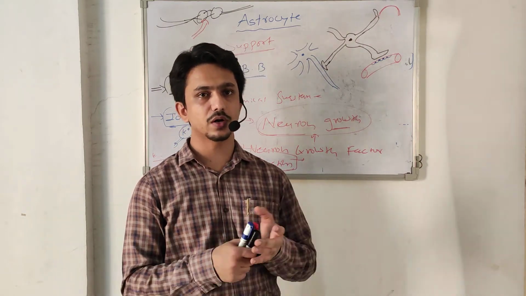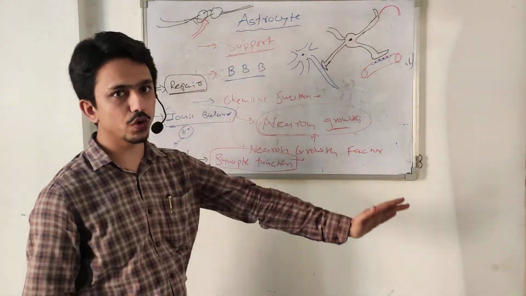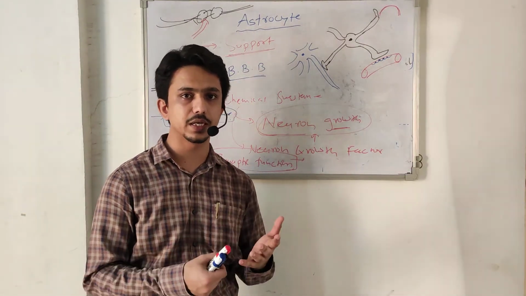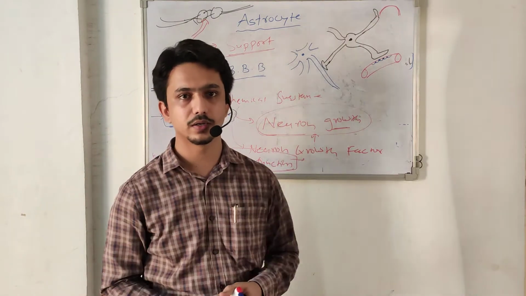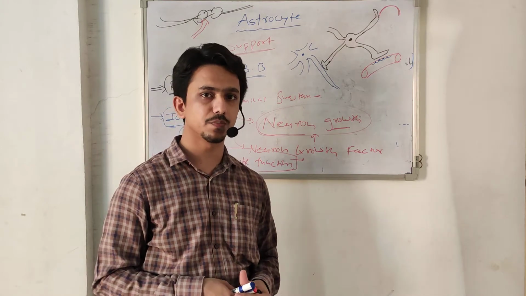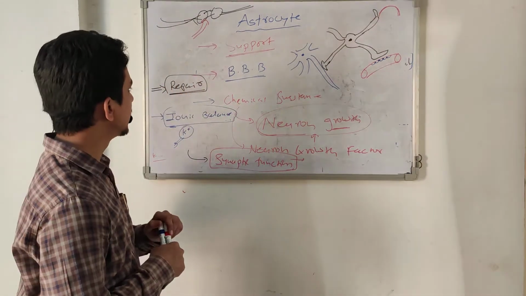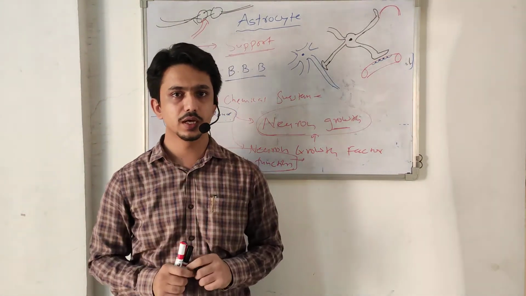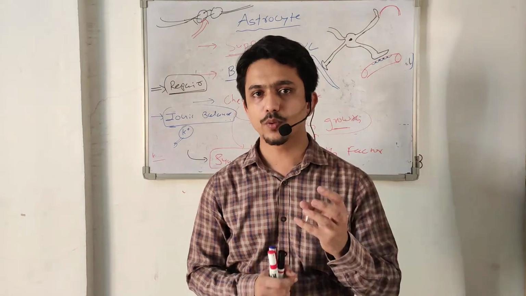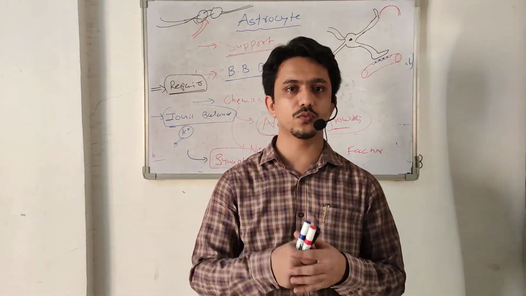So this is a controversy: astrocytes prevent neuron regeneration in the CNS, while Schwann cells promote neuronal regeneration in the PNS. Why it happens, we don't know, but a basic hypothesis is that whenever neuronal injury is produced, it causes apoptosis, meaning neurons undergo self-suicidal death.